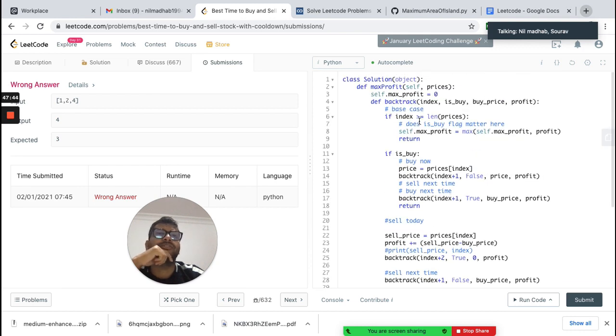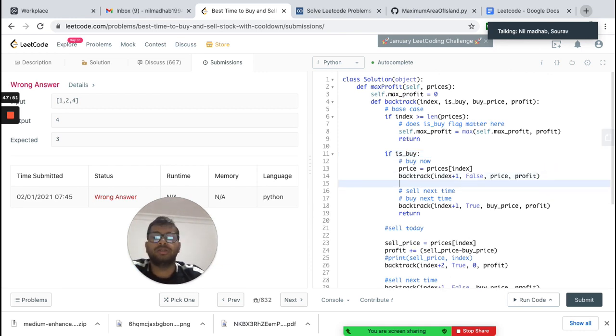Is buy is true, so we can buy today, and what will we send? Backtracking of 1 and is buy false. Buy price will be 1, profit will be 0. Okay, let's keep going.